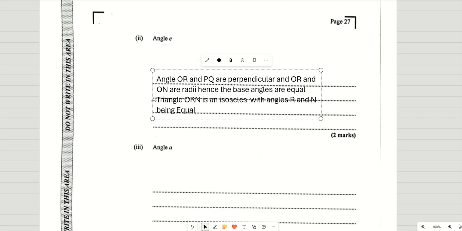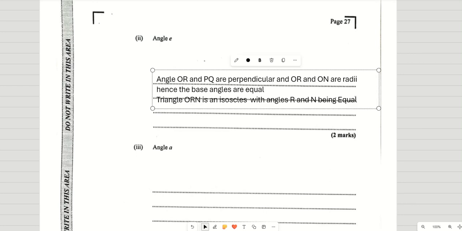Alright, so now that we have written that, ORN would be equal to 156 plus R plus N. We know R and N are equal.